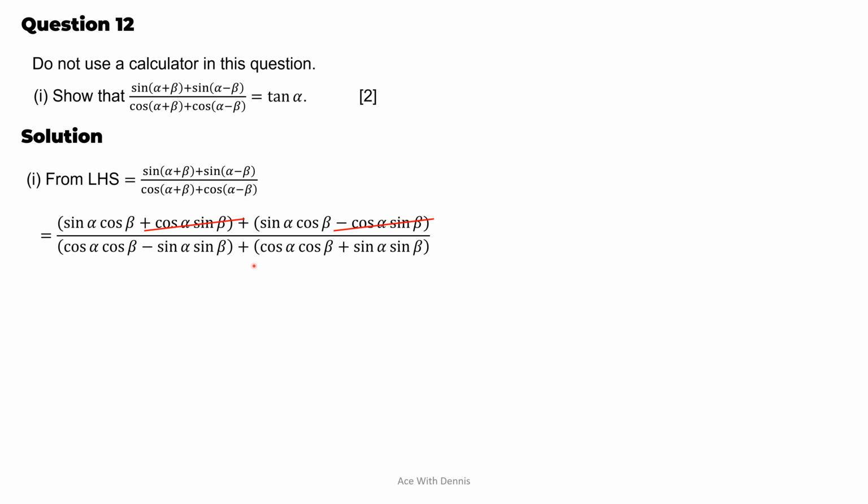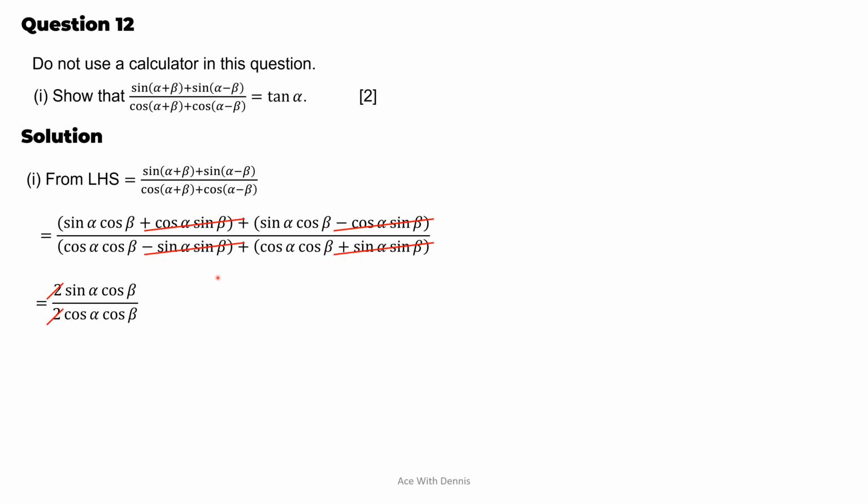Now from here, we can cancel cosine alpha sine beta because this is plus, this is minus. Similarly, at the bottom, sine alpha sine beta can cancel out because here is negative, here is positive. So now at the top is 2 sine alpha cosine beta, because sine alpha cosine beta plus sine alpha cosine beta is 2. Similarly for the bottom, cosine alpha cosine beta plus cosine alpha cosine beta, we get 2 cosine alpha cosine beta.